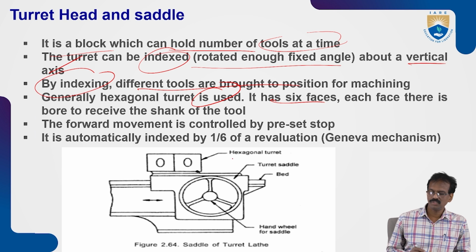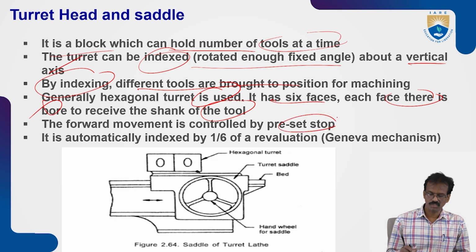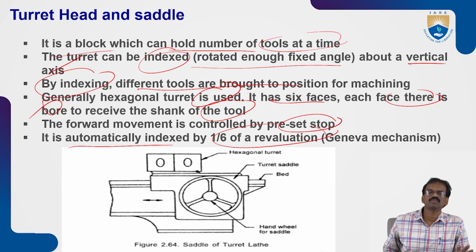It has 6 faces, and on each face there is a bore to receive the shank of the tool. The forward movement is controlled by a preset stop. It is automatically indexed by 1/6 revolution.